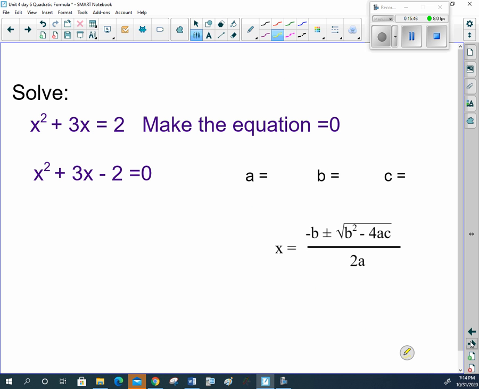So here we go. We've got 3x squared plus 3x minus 2. First thing you want to do is get it equal to 0. And always check, because remember, we're solving a quadratic. Now in our toolbox for solving quadratics, we know how to factor. We have the technique of taking the square root of both sides.